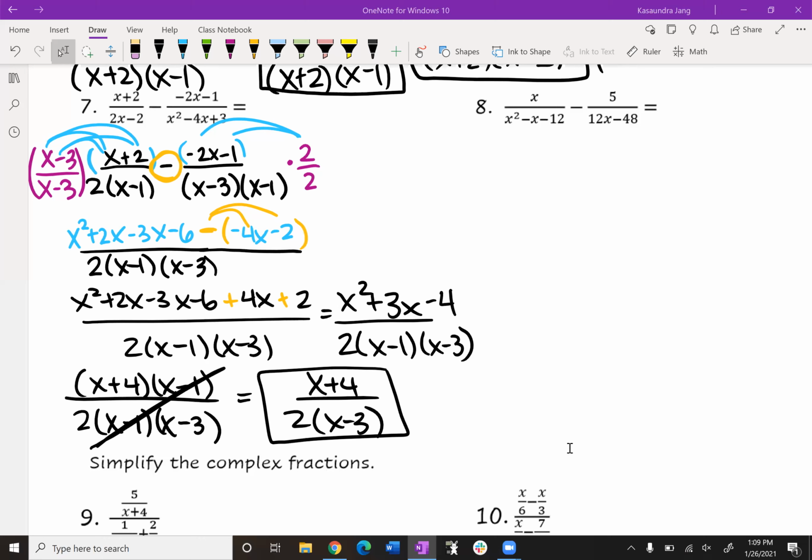Oh, I think you just got the problem in 12x. There's nothing wrong there. I think it was just the way you wrote it. It's fine. All right, good. She's going to just combine like terms in the numerator. All right.